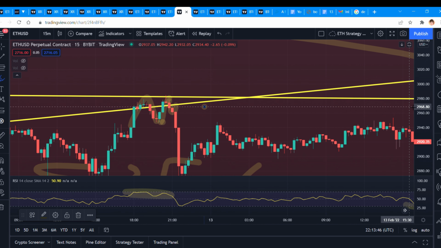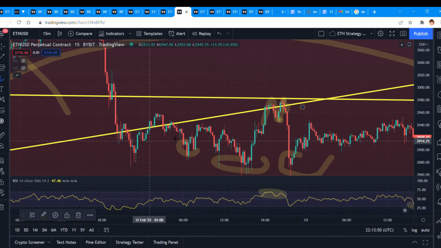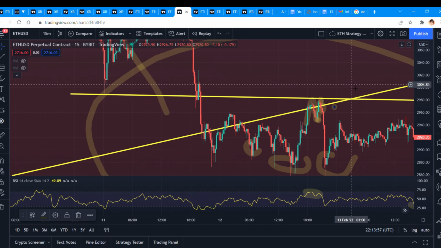let me find an M that doesn't become validated. We have a lot of good M's here. This sideways wasn't too bad.